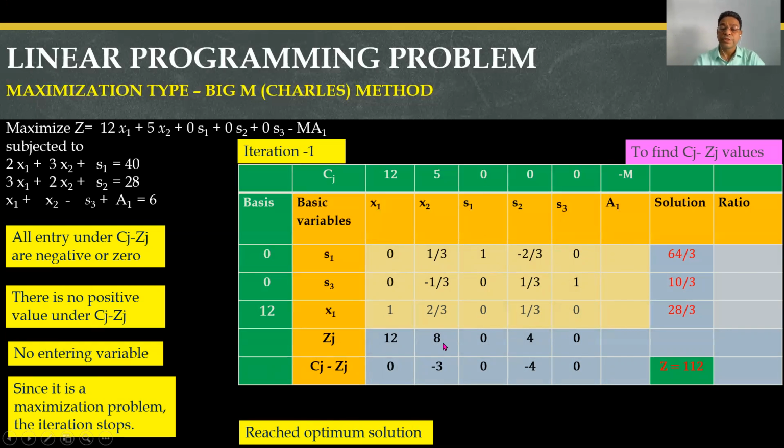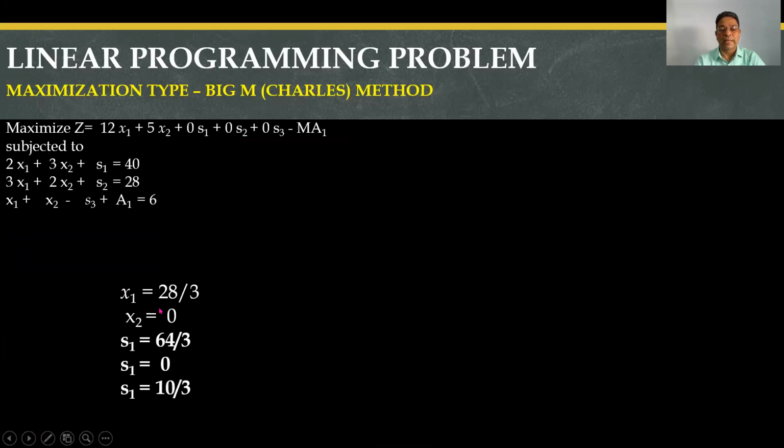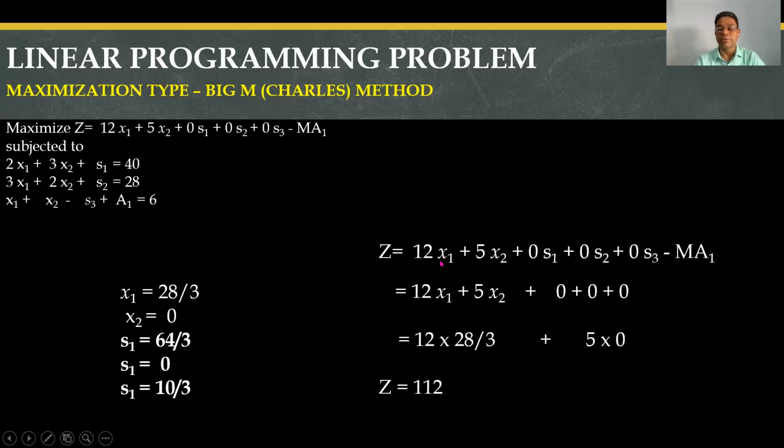So what is the optimum solution here? The optimum solution obtained is x1 is equal to 28 by 3, s3 is equal to 10 by 3 and s1 is equal to 64 by 3. If we substitute the values of x1, x2, s1, s2 and s3 in the objective function, we get z is equal to 112.